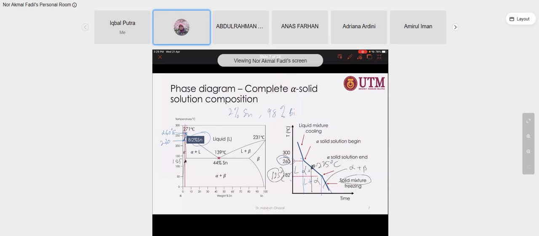So the temperature shows a gradient temperature. Gradient temperature means that from 260 until 125, it shows changes in the liquid plus alpha and then single alpha.